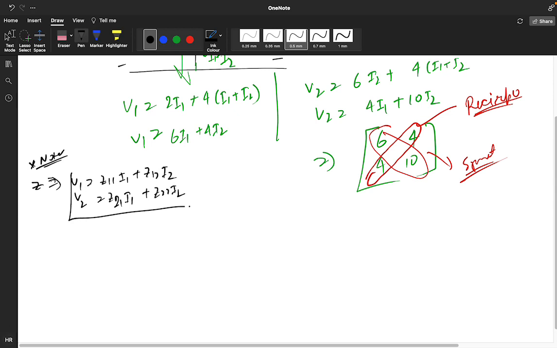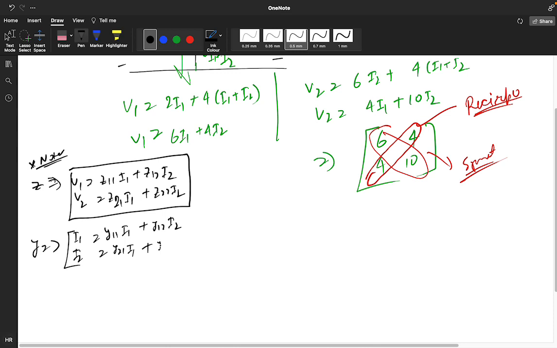For the Y parameter, we have I1 is equal to Y11 V1 plus Y12 V2, and I2 is equal to Y21 V1 plus Y22 V2. This is the Z and Y parameter.